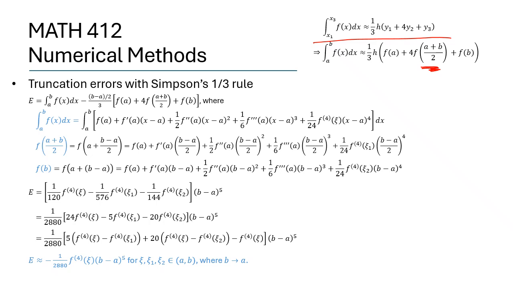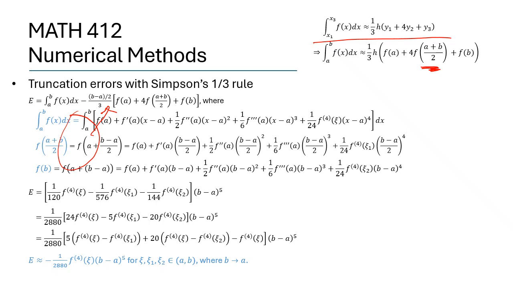We also use its Taylor series expansion at a. And we will have this f of b; we use its Taylor series expansion at a, and then evaluate at b. Now we put all these Taylor series expansions into this expression.